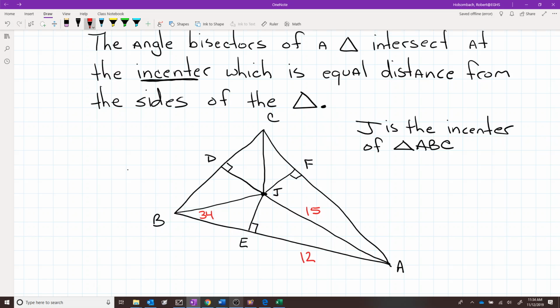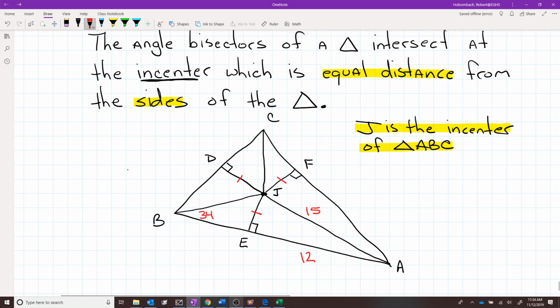So what you have to get out of this description here, J is the in-center of ABC. If J is the in-center, it is equal distance from the sides. So this is true. J to F is going to be the same as J to D, which is going to be the same as JE.